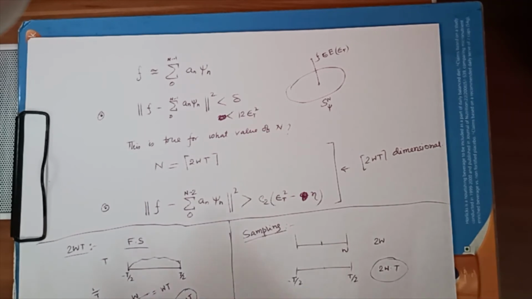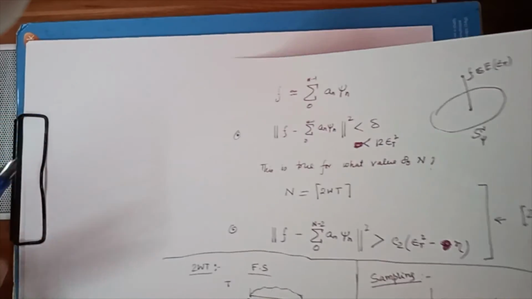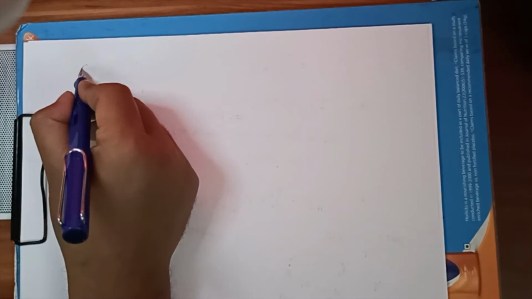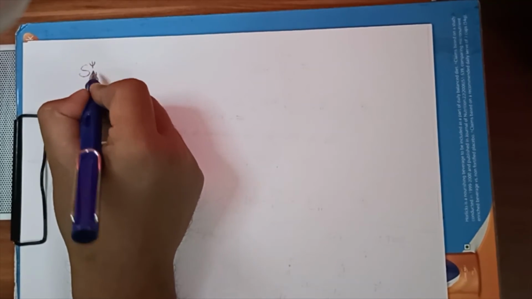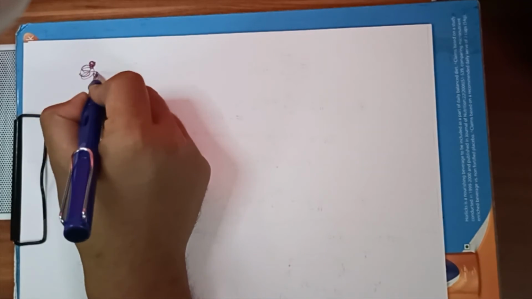Okay. Now let us move towards our actual objective, which is counting the number of such signals possible in that particular space. So our space is now S_n(psi), I was writing like this.